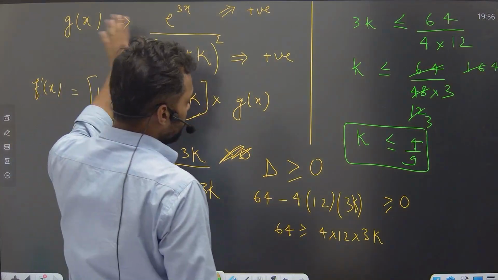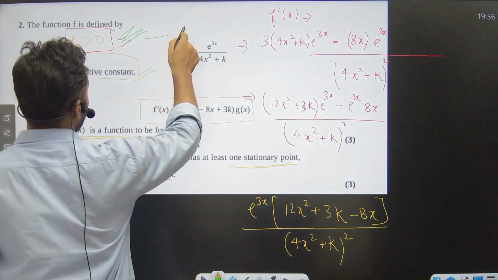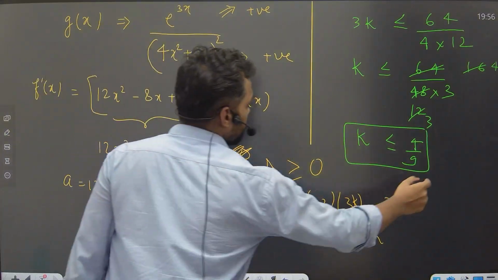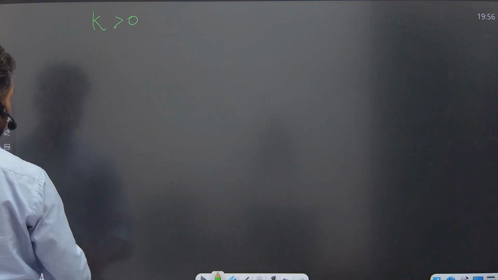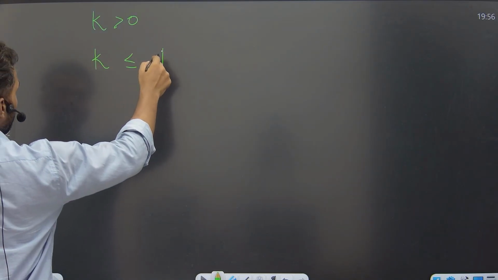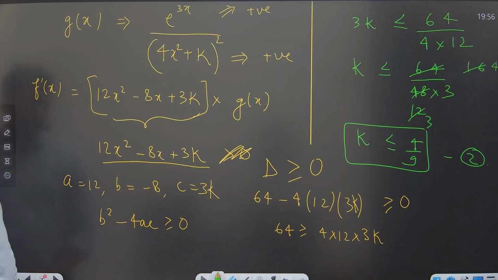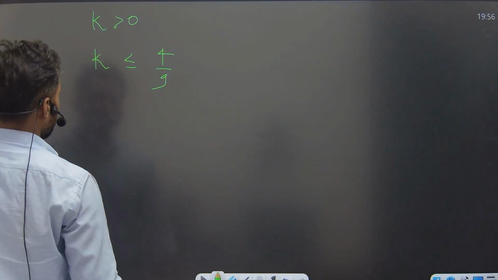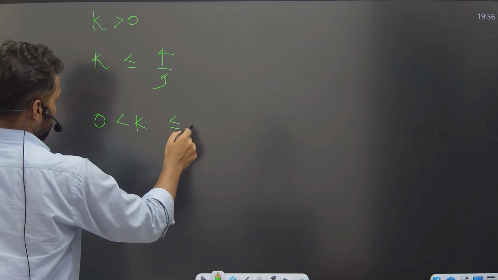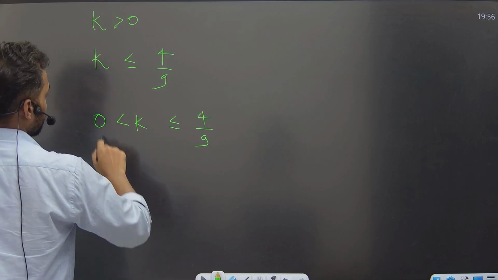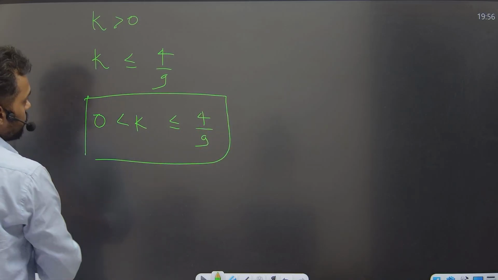So on combining both ranges, k must be greater than 0 from the first statement. Second statement is k must be less than or equal to 4 by 9. It means k will lie between greater than 0 and less than or equal to 4 by 9. So this is the possible range, students.